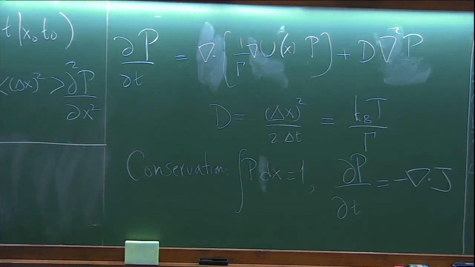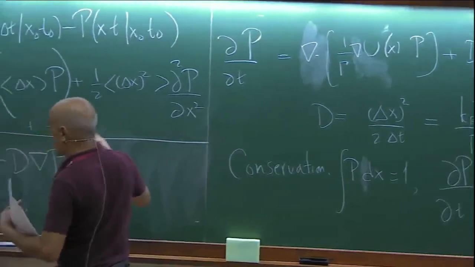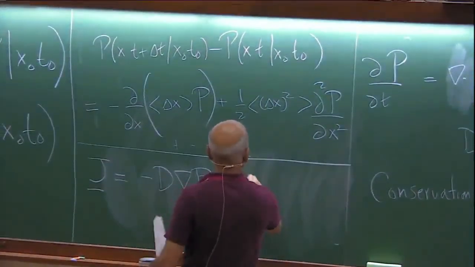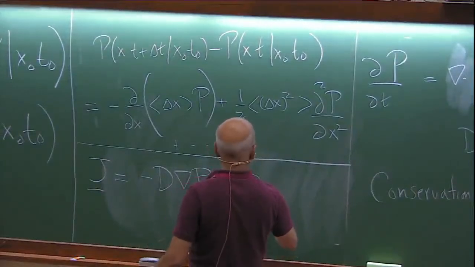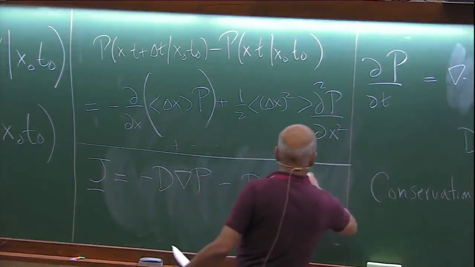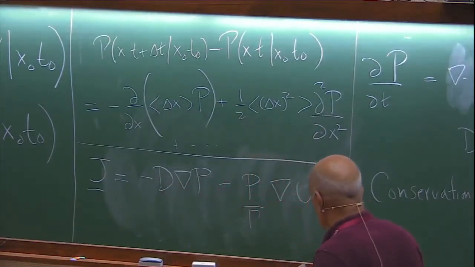So is this the part that you can't read, or you can read here? Where the current, you can see, has two pieces. One is minus D grad p, and the other is just probability density times the mean drift velocity, which is u, right? That's what I called it here. And now I've got it right, minus, yes, it's right.